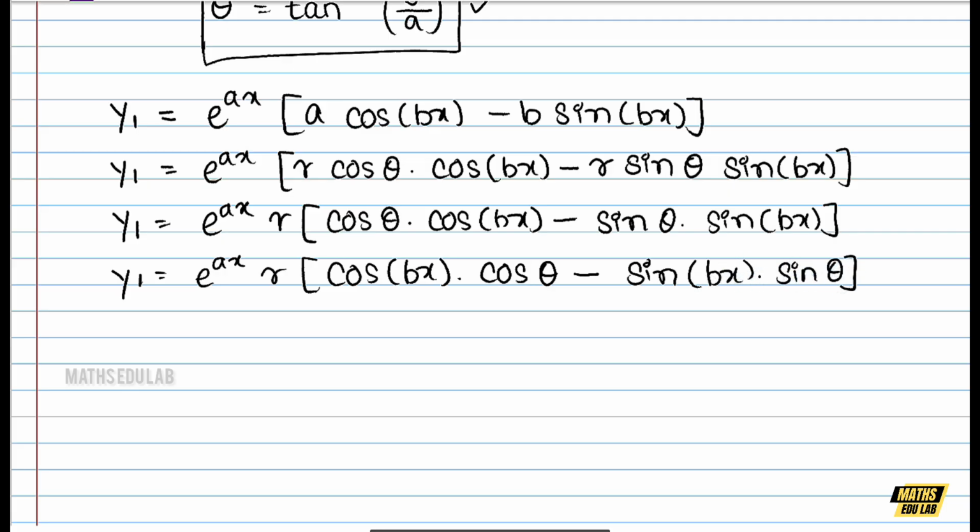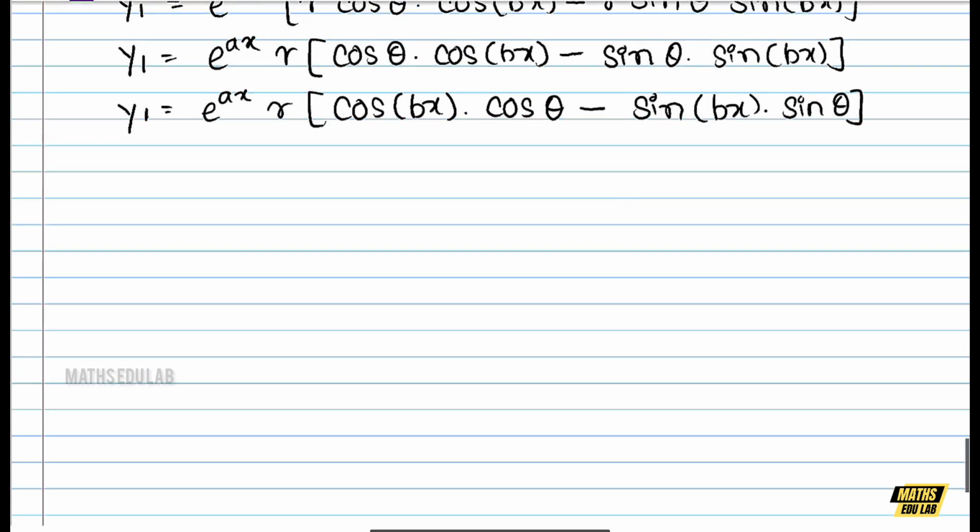Now if you see this one, this is in the form of cos a plus b. In place of a I have bx and in place of b I have theta. So I can write y1 is equal to e to the power of ax r cos bx plus theta.